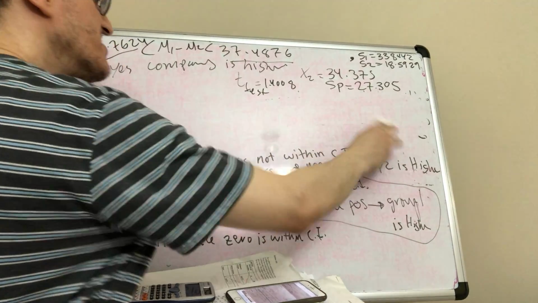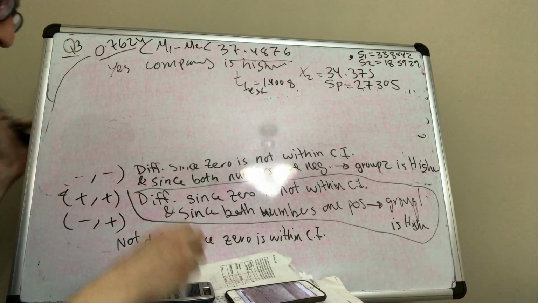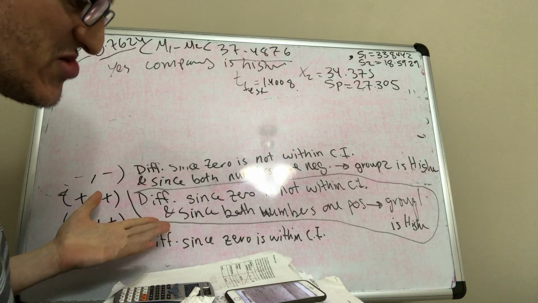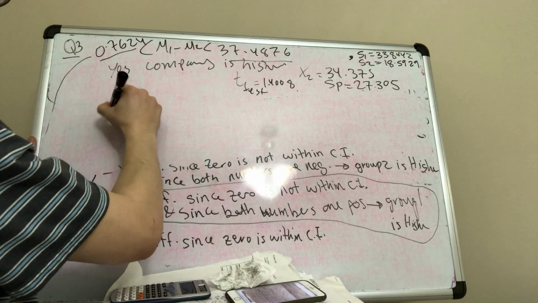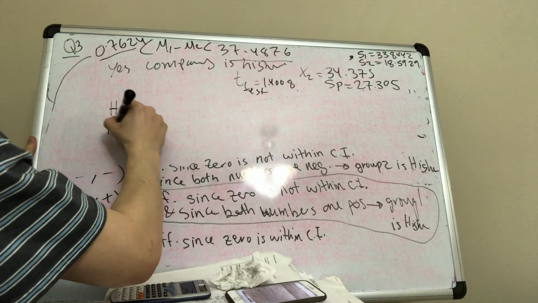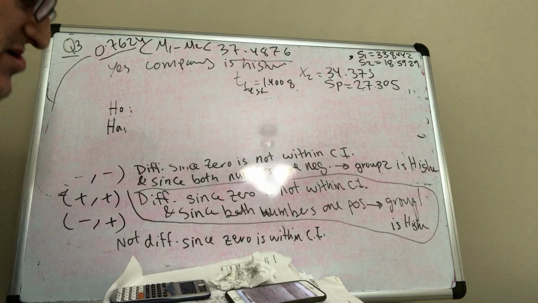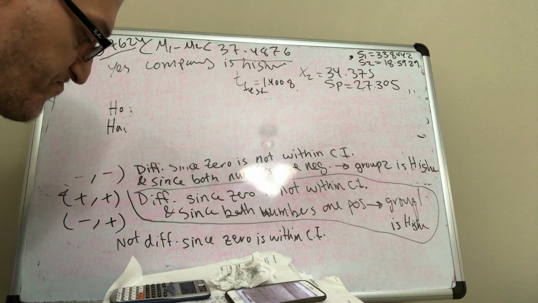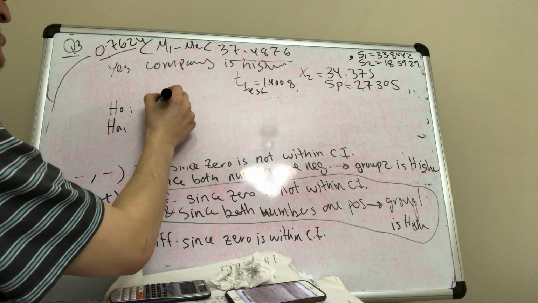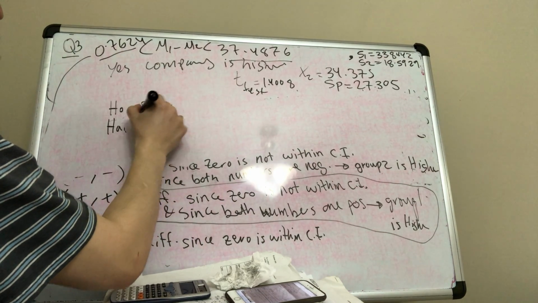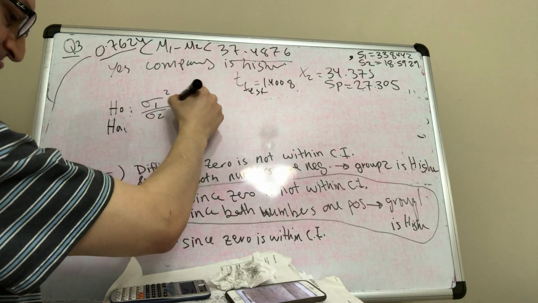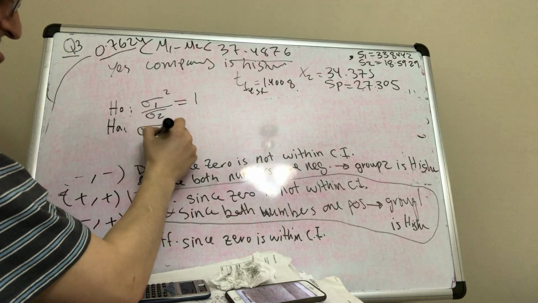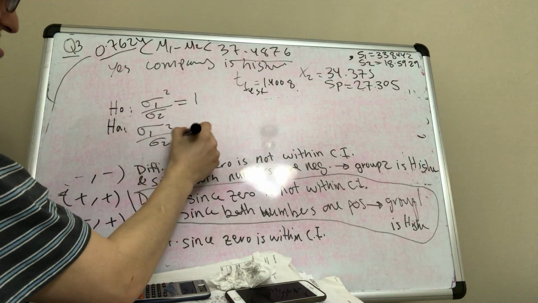For equal variances, now the hypothesis, and she usually asks this way, she's not going to ask you to do the entire answer. So H0, HA. H0 you say sigma 1 squared equals sigma 2 squared, HA sigma 1 squared not equal sigma 2 squared.